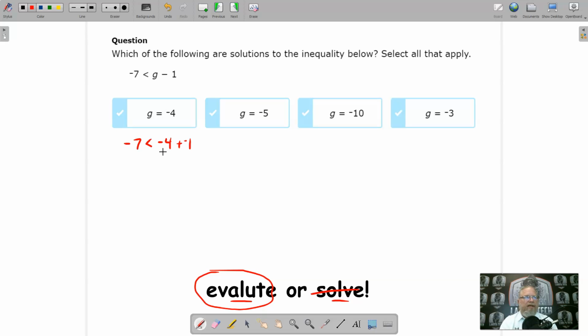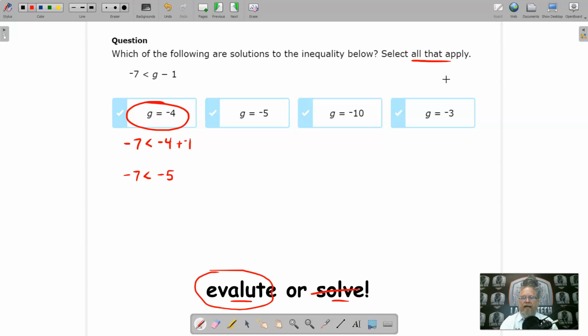If you're not sure what I just did there, check out the lessons about adding and subtracting integers. So I take -7 less than -4 plus -1 is -5. Is -7 less than -5? Indeed it is. -7 is to the left of -5 on a number line, so this one checks out.